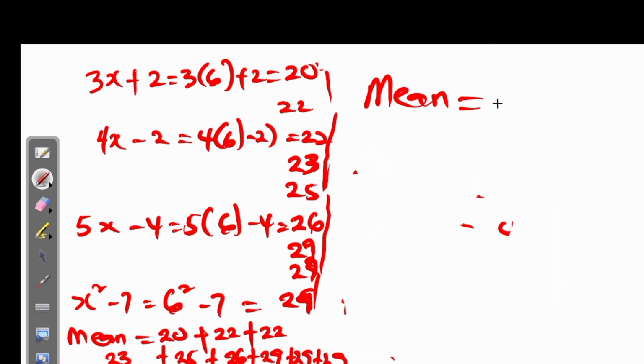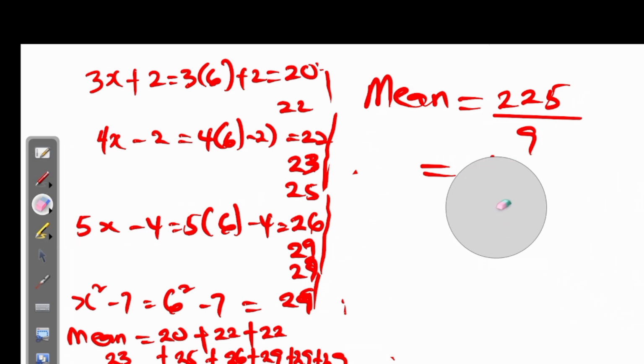And that gives us 225 over 9. That will be 25.